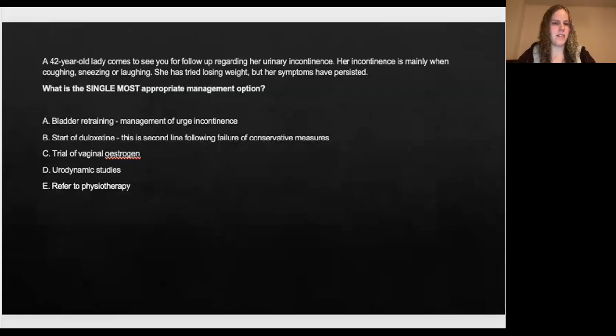So it makes it kind of interesting for UCL, I think. So does anyone know the answer to the question? Okay. So the answer is refer to physiotherapy, and that is actually for pelvic floor training. So that's what the physiotherapist does in this case.